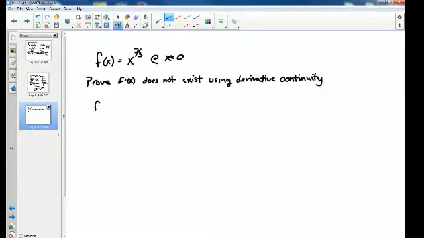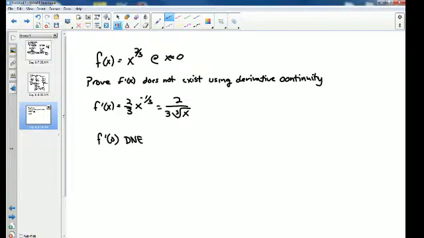So what is f prime of x? I again rewrite it, 2 over 3 cube root x, right? Well, f prime of 0 doesn't exist. Yep.